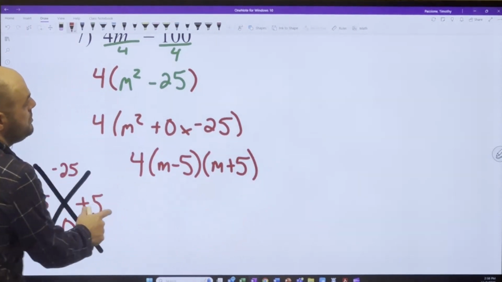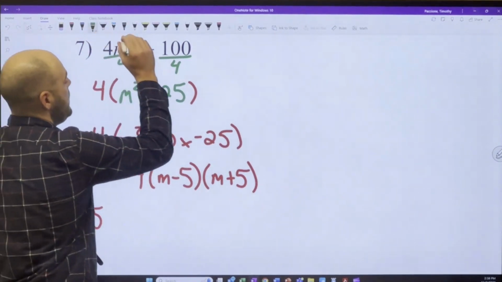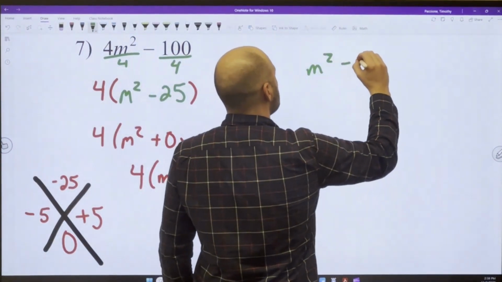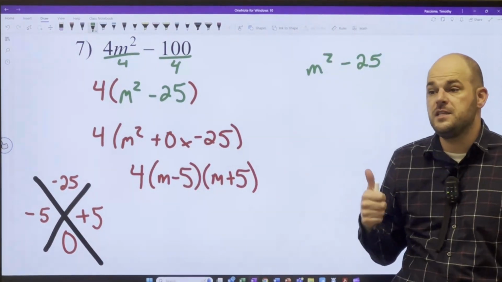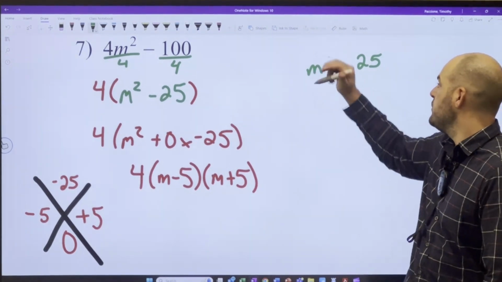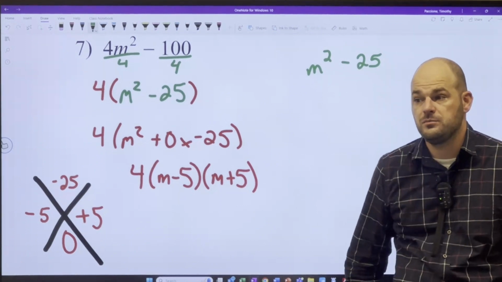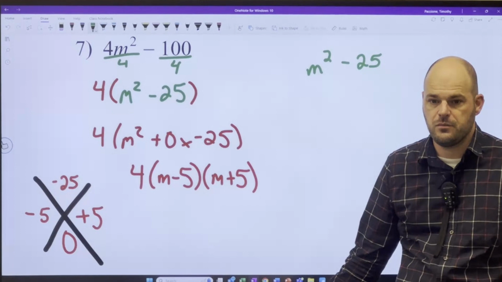Now, I'm also going to introduce you to something that we haven't talked about yet, that we will talk about, but I might as well tell you about it now. This situation here, m squared minus 25, is called the difference of perfect squares. M squared is a perfect square. 25 is a perfect square, meaning you could square root both of those and get an answer.